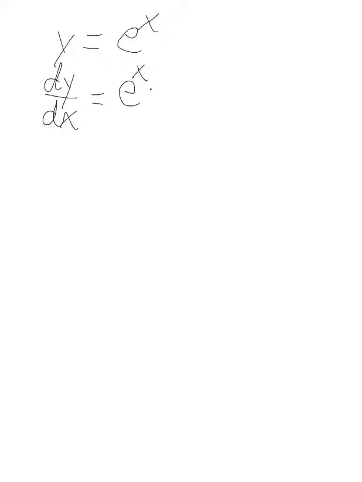So in this case, the power is just plain x. So that's just like taking the derivative of x. So that's going to be 1 times e to the x, which is e to the x. Okay? Yeah, so e always repeats itself, and then you take the derivative of the power.